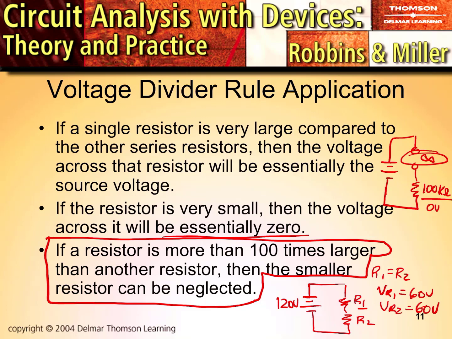Any values that are less than 1/100th, or less than 1% of that total source voltage, can be ignored and recorded as zero. It's called the 100 times rule. Any values less than 1% of the maximum values can be ignored and recorded as a zero value.